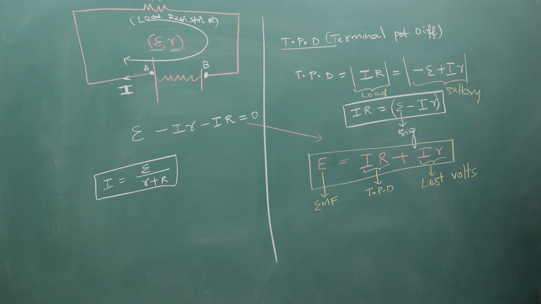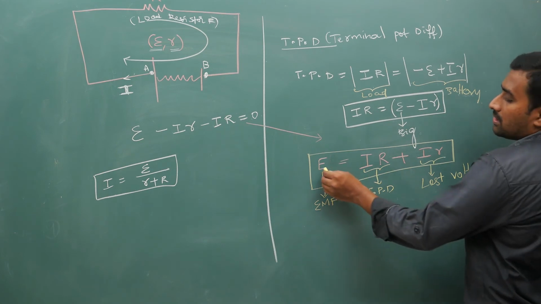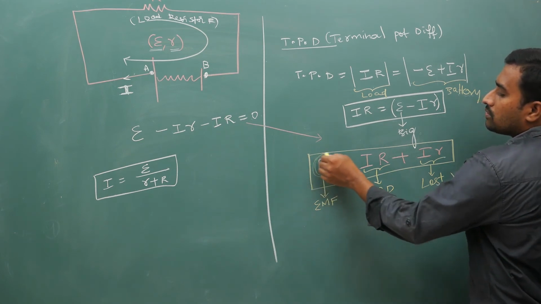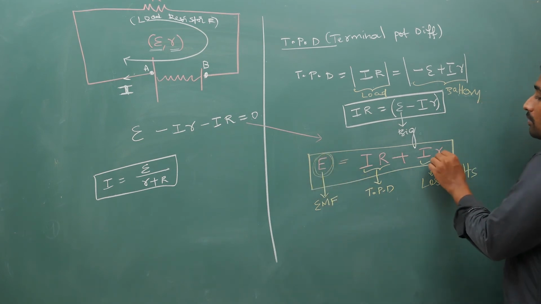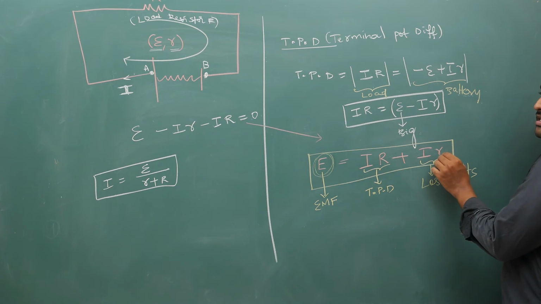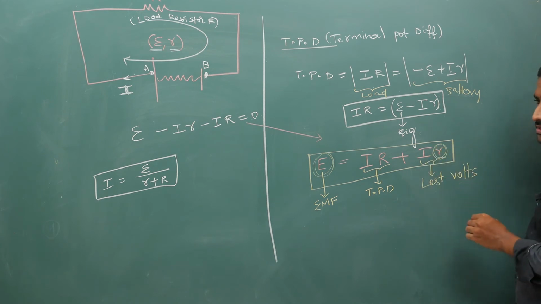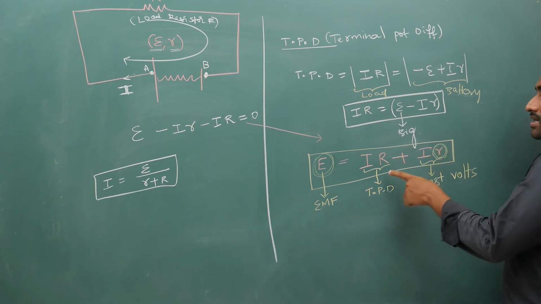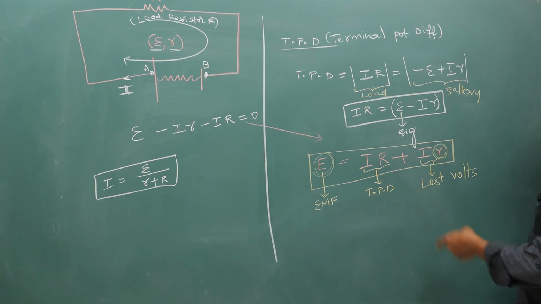Now as you keep using the battery, this E is not going to change, but your internal resistance will change, because of the electrolytic difference and concentration. Because this small r is changing, automatically your current I will change and the terminal potential difference will change.